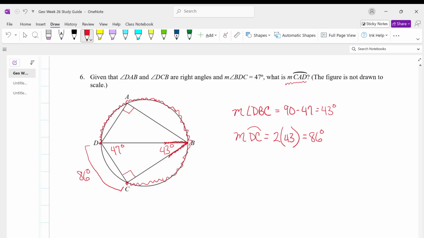So the measure of this big arc that we need, the measure of arc CAD, is going to be equal to 360 minus this arc DC right here. So minus 86. And that's 274 degrees.